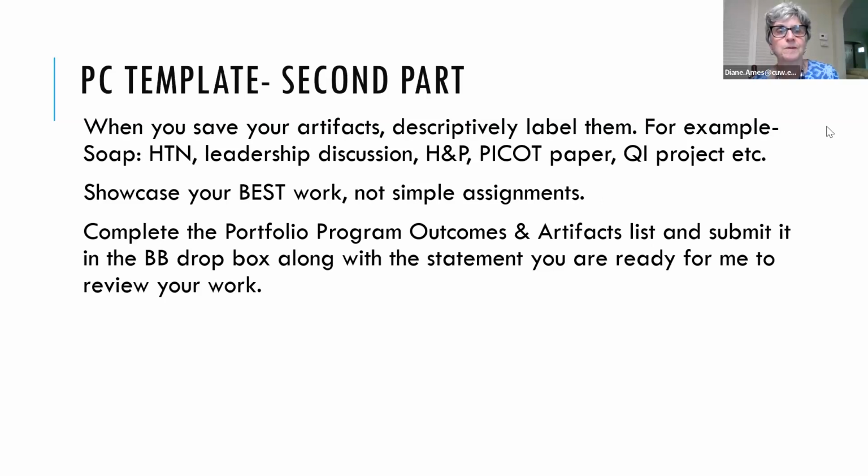Things from your roles course. What does it mean to be a nurse practitioner? What are some of our code of ethics? What are our standards? What's unique about our profession? So the final paper in the role course goes in 8 and 9. That's a great place for that. So think about where you want to put the things.